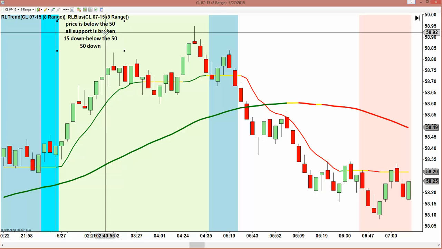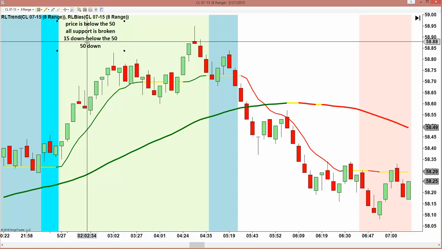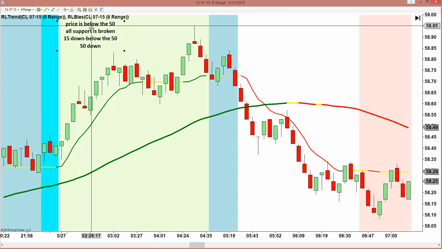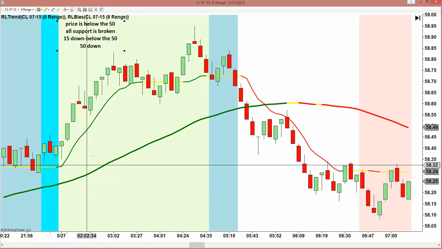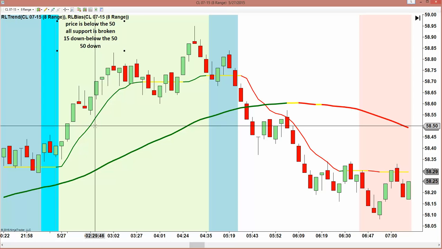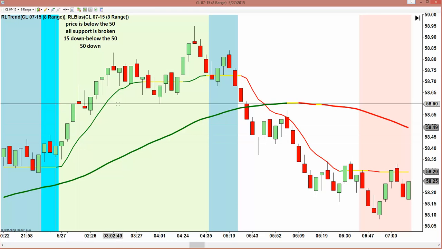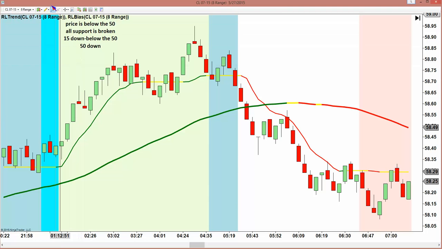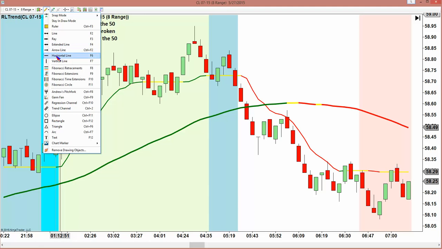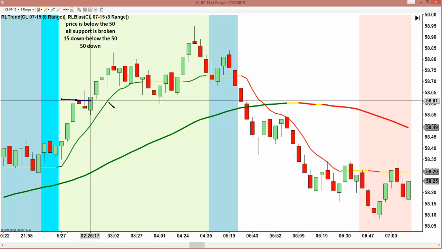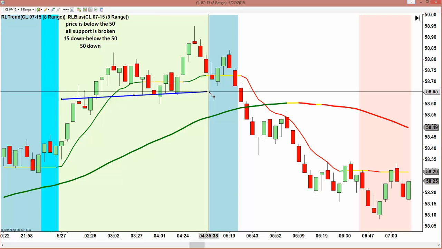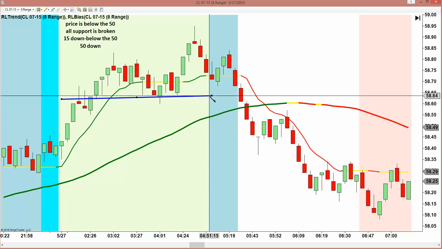All resistance to the upside is broken. The 15 is crossed above the 50, and the 15 and the 50 are to the upside. So we know that the predictive value of a long trade on green bias here, or the dark pink bias for a short, really is very high. And we do get a nice trade.